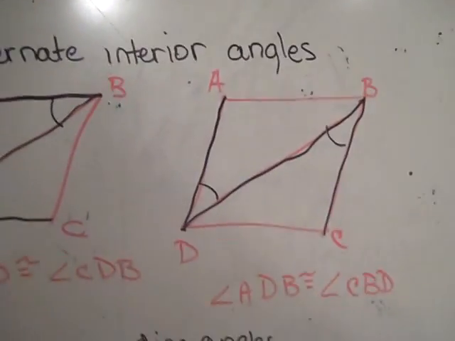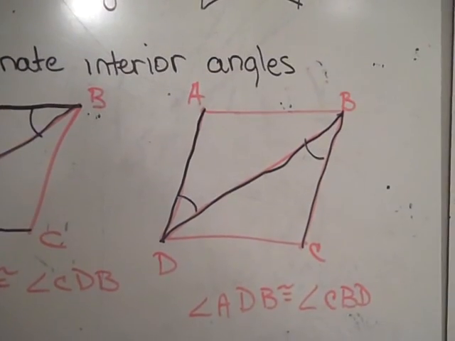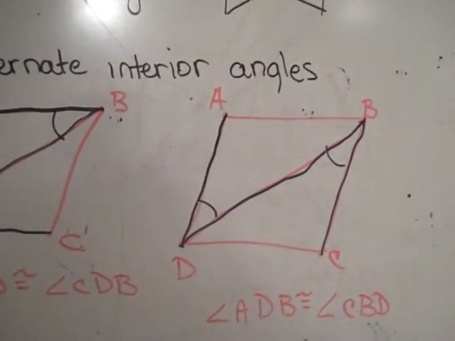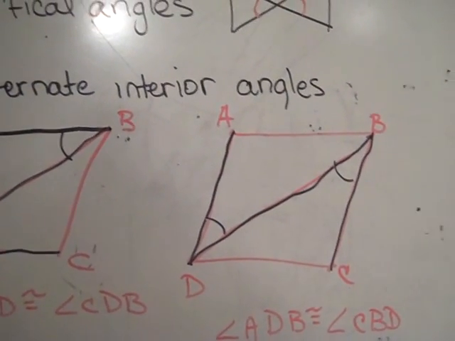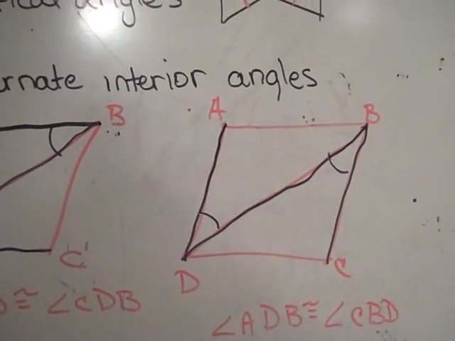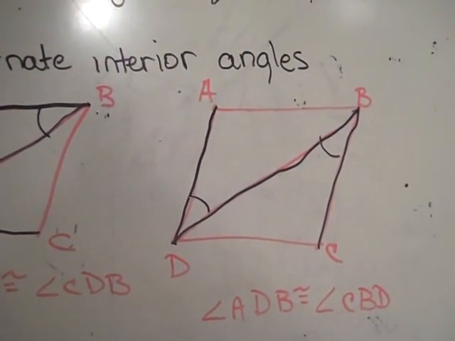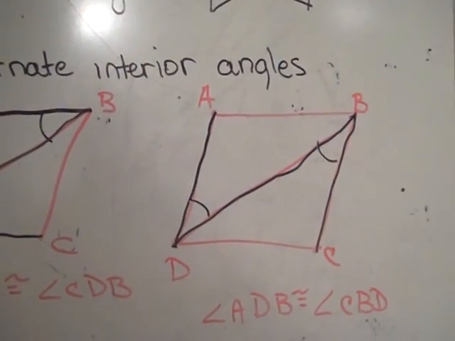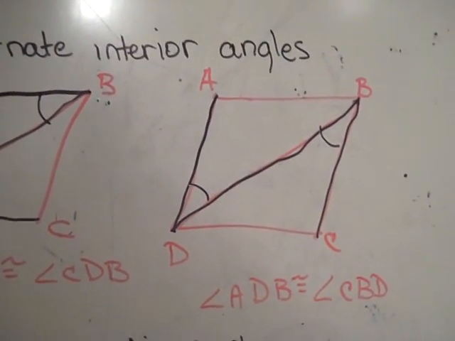If your left and right side are parallel, you're still going to get alternate interior angles, but they're going to be two completely different angles. In this case, AD and BC were parallel lines, so that means angle ADB and angle CBD are going to be congruent angles.